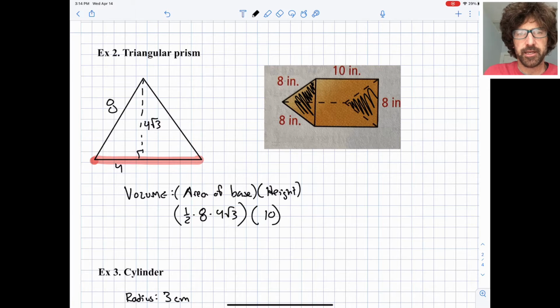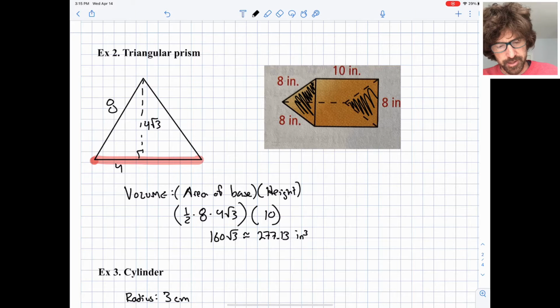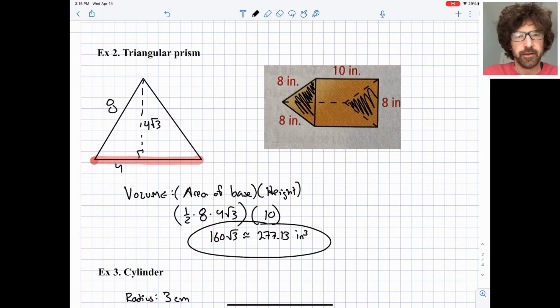Okay, again, understanding that the prism is on its side right now, to visualize solving for the volume, imagine turning it up vertically so the triangular base is on the floor. So this turns into 160√3 once we do the multiplication, and we could certainly get a decimal approximation for that, and we get 277.13, and this would all be in inches cubed. So either of those would be a valid solution there.